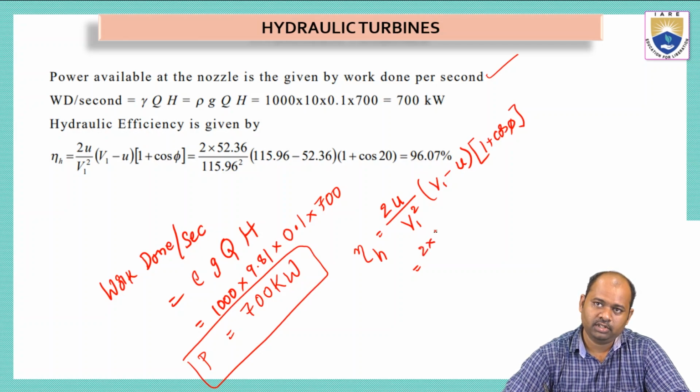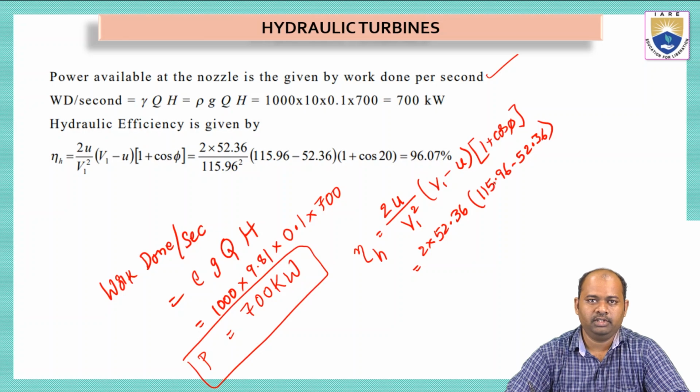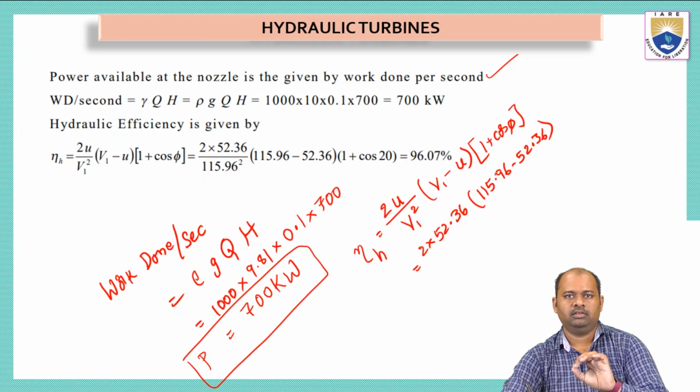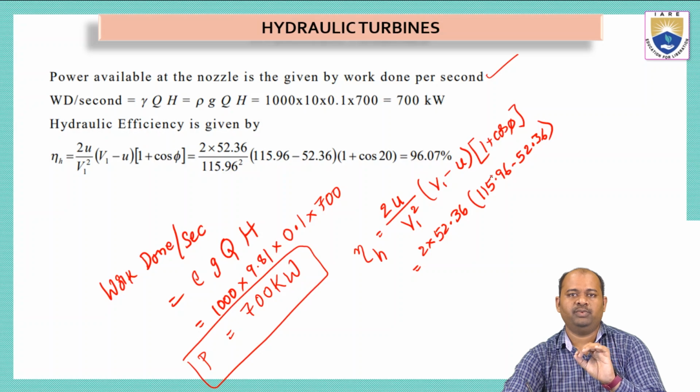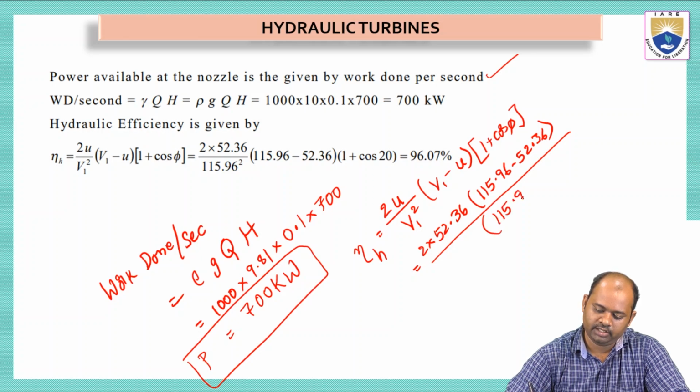Here 2 times U is nothing but 52.36, which was calculated in the previous slide, multiplied by 115.96 minus 52.36. So this 115.96 is the initial velocity of the water when the head is assumed to be 700. Okay, divided by V1 square, V1 is again 115.96 square, multiplied by 1 plus cos phi.